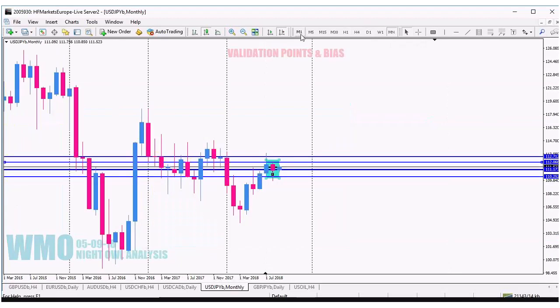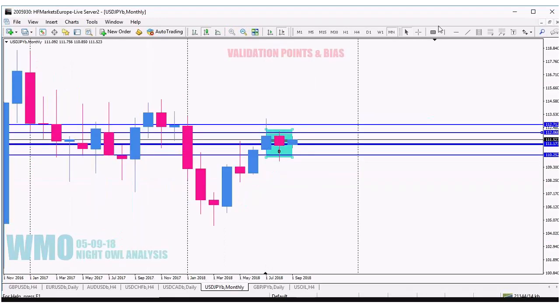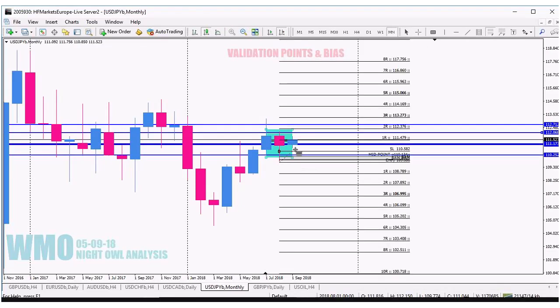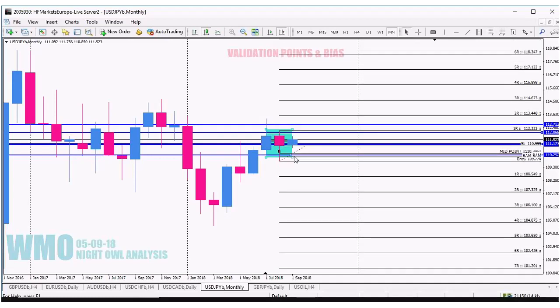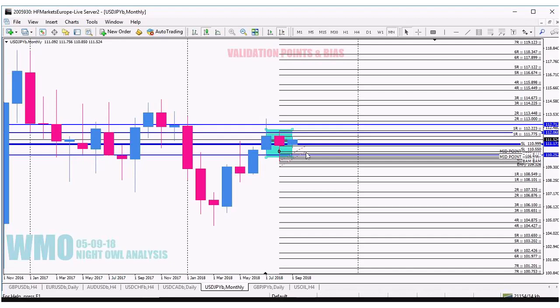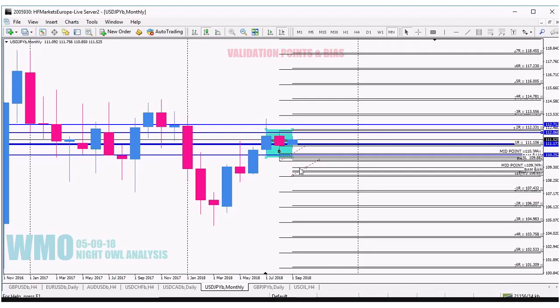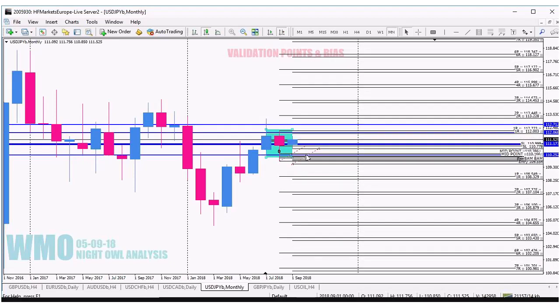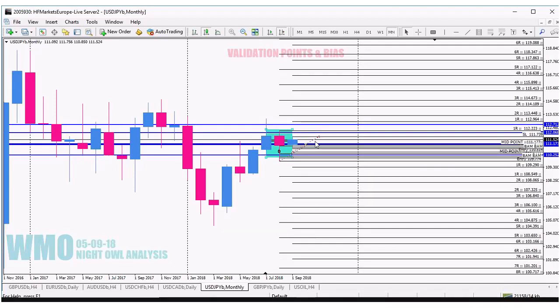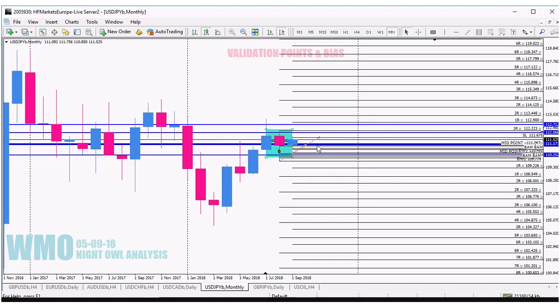And then let me quickly show you something. If we go on the monthly and we did this previous month. So don't be confused by what I'm doing. I'm trying to add bankers level to it.